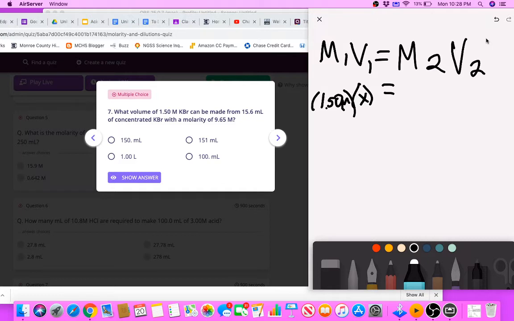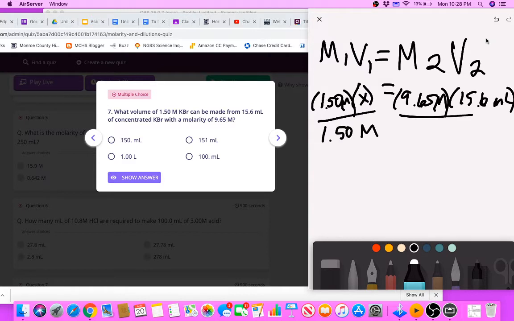Can be made from 15.6 milliliters, that is a volume, with a molarity of 9.65 molar. Again, we're going to solve for X, so we're going to divide both sides by the 1.50 molar. This cancels out, and on this side we have X.